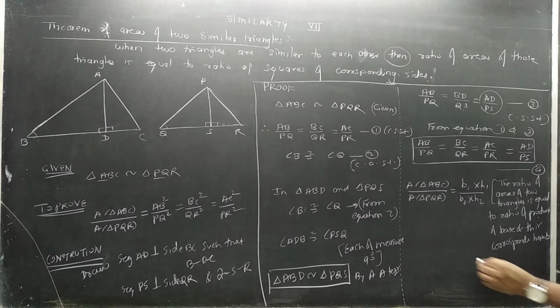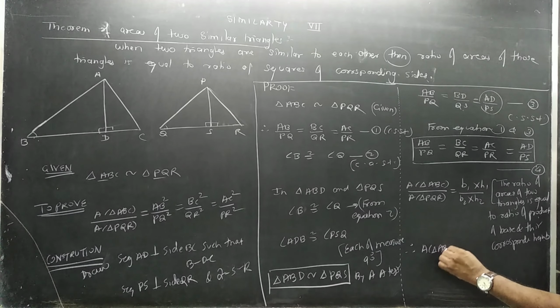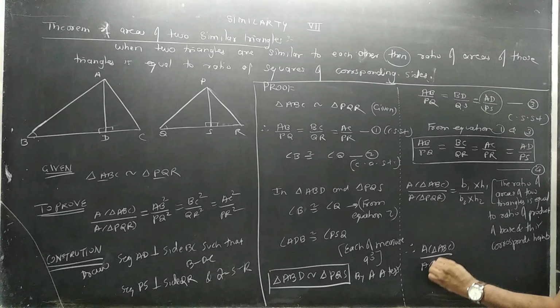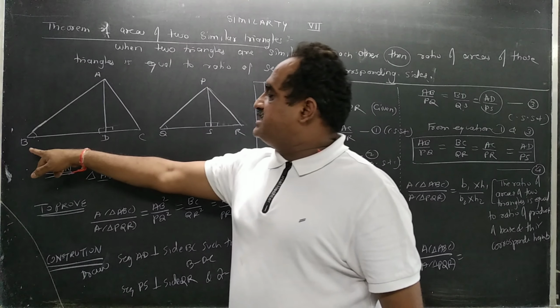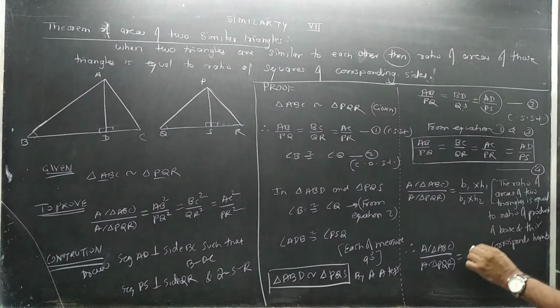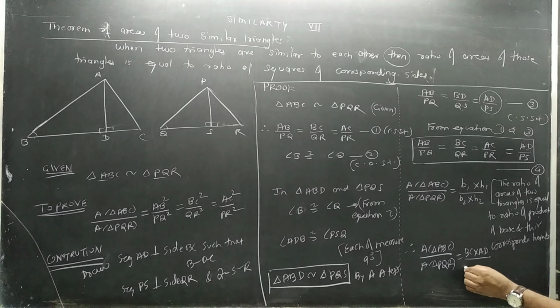So, therefore, what can I write? Area of triangle ABC upon area of triangle PQR. What base will we take for ABC? We will take BC. Is it right? And what is its height? AD. Upon that, we will take QR into PS.